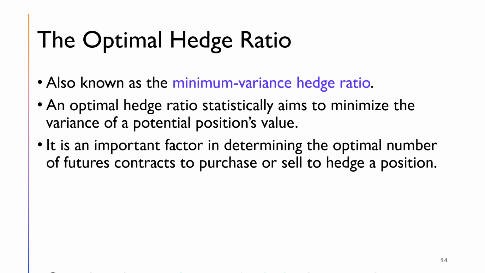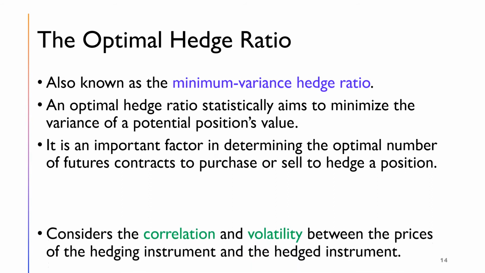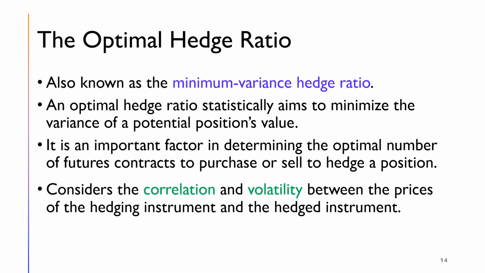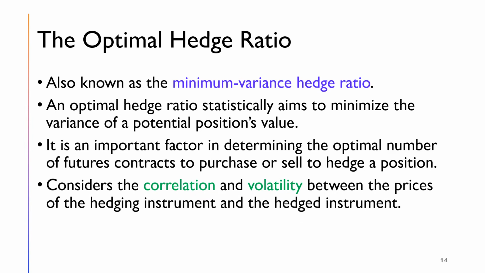It considers the correlation and volatility between the prices of the hedging instrument and the hedged instrument. An optimal hedge ratio is most relevant when the characteristics of the hedged instrument and the hedging instrument are different, especially in a cross hedge.